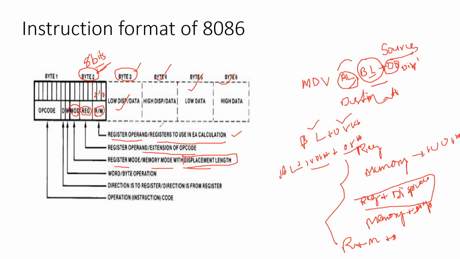When we are adding displacement plus data, if it is 8-bit data we have byte 5, and if it is 16-bit data we will have byte 6 also. That is the meaning here. These 4 bytes are optional, which is why they are indicated using the dotted line.